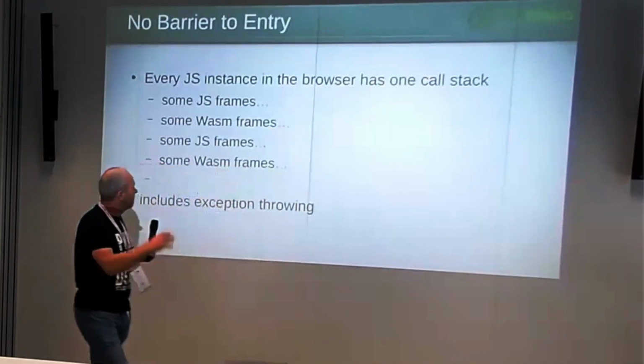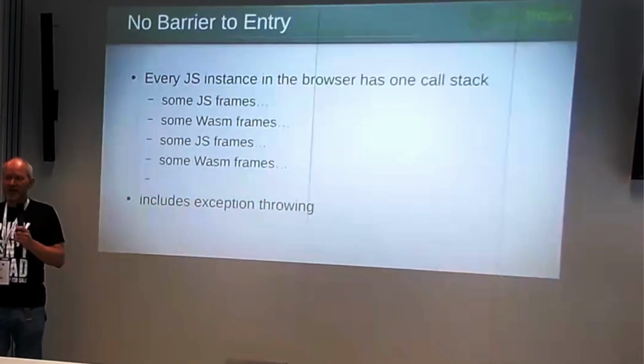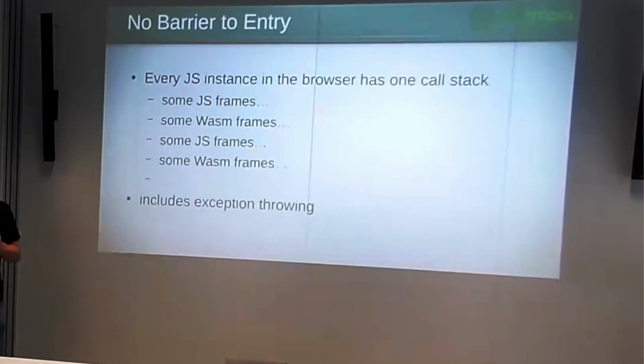So if you look into one of these instances for each individual thread, there are some nice things as well, some wonderful things that are just working. Each one is a single-threaded thing in the end, so it has one call stack, and you can easily move between JavaScript and WASM code there.